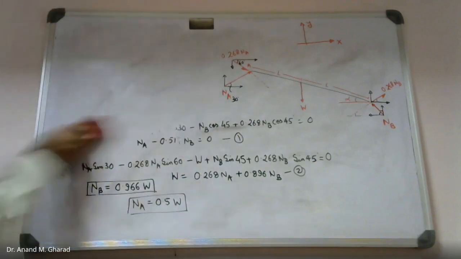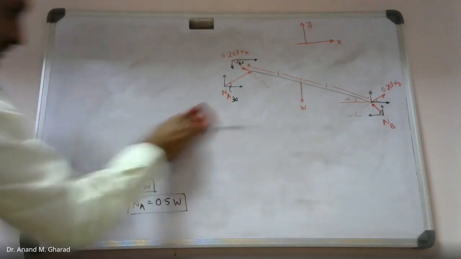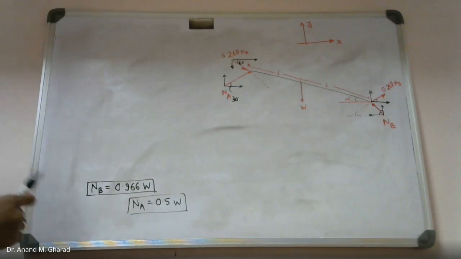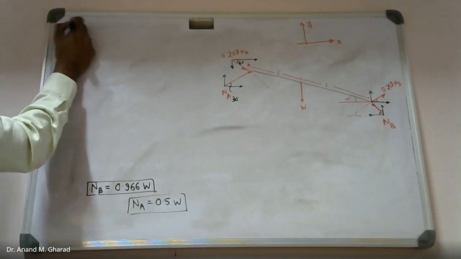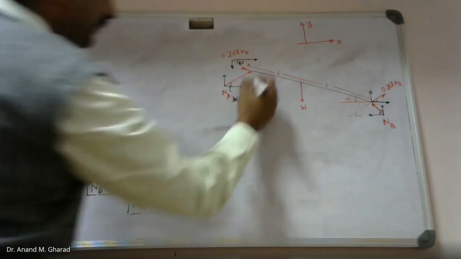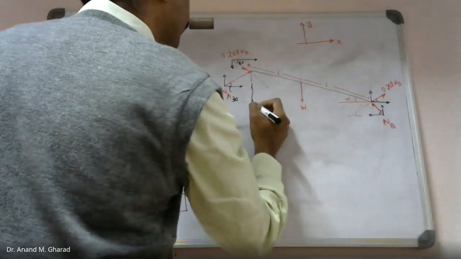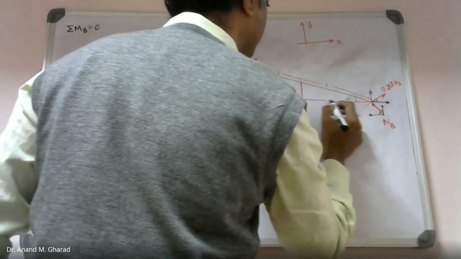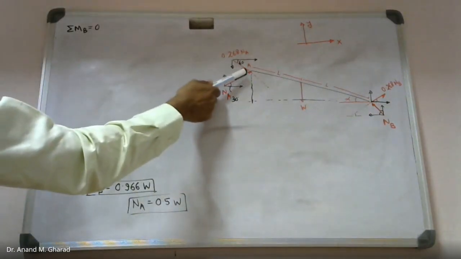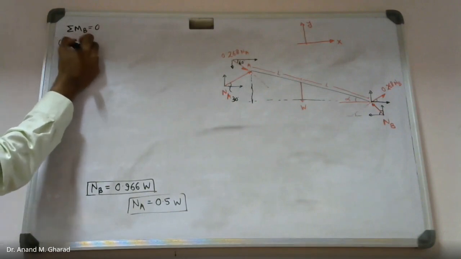And now let us try to evaluate alpha. So let us take moment about point B. Summation of moment about point B equal to 0. We need to be careful. Now everything will be in terms of the alpha parameter. Let me consider this horizontal component, 0.268 Na.